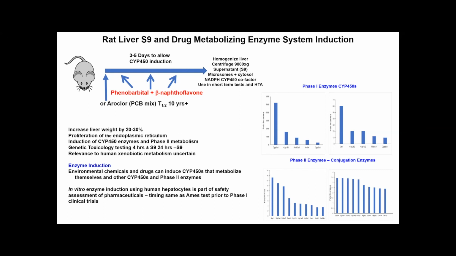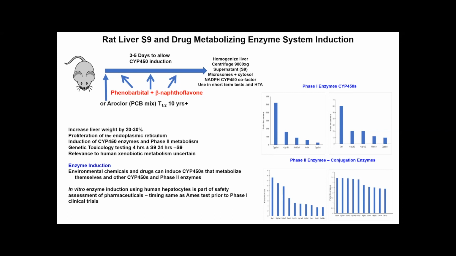And so with rat liver S9s, you take a rat, you dose them with phenobarbital and beta-naphthoflavone, which highly induce cytochrome P450s to an incredibly high level. So they are administered this for 3 to 5 days. Take the liver, you homogenize it up, and you spin it in a centrifuge, and the supernatant from a 9,000 G spin is S9.